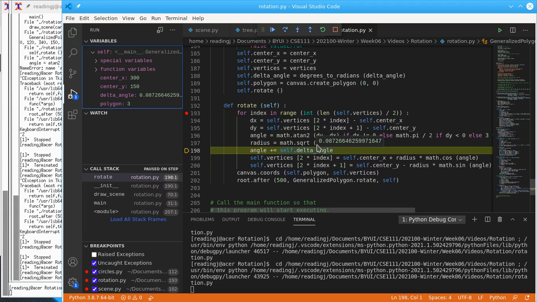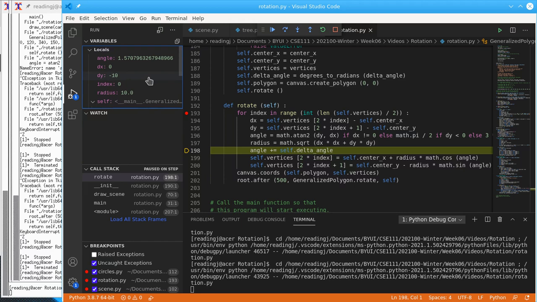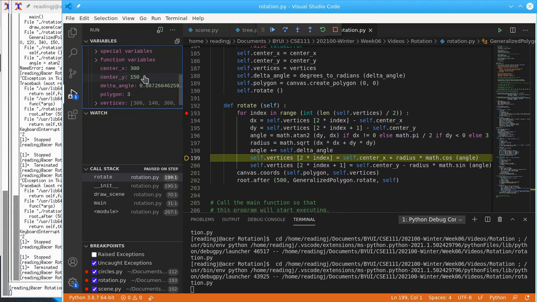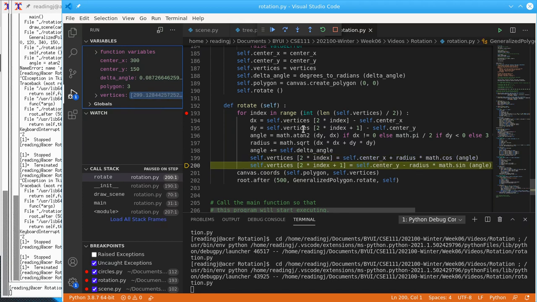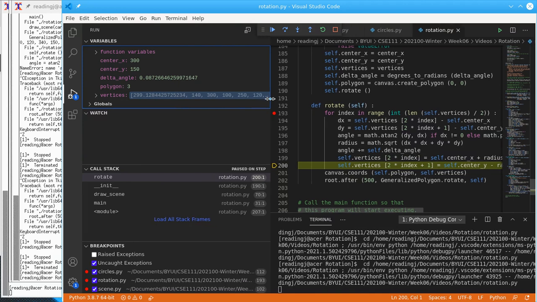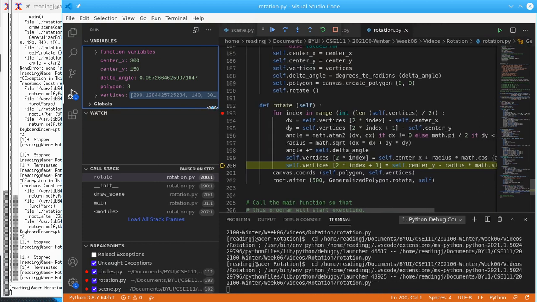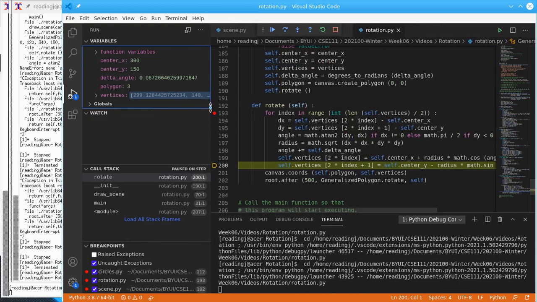So angle equals 1.57, 1.65. So this was 300, 140. It should be just a little bit less than 300 and a little more than 140. A little less than 300. And it stayed right at 140. I'm not sure I believe that, but I guess that's possible.